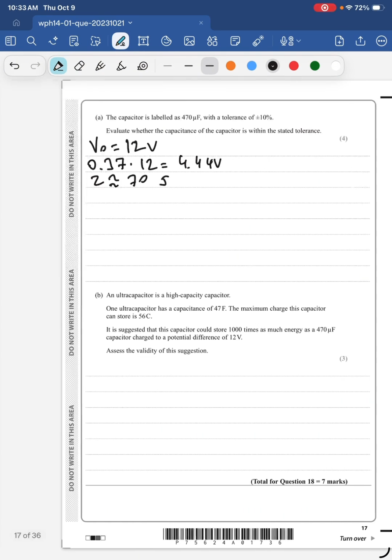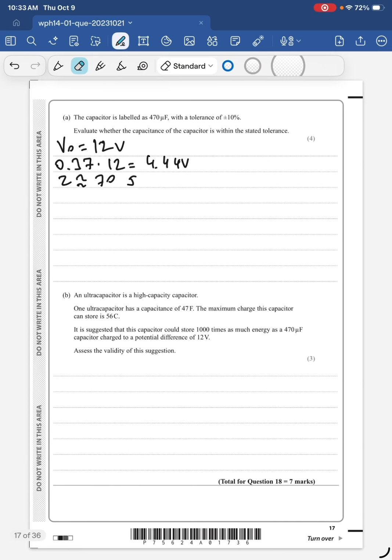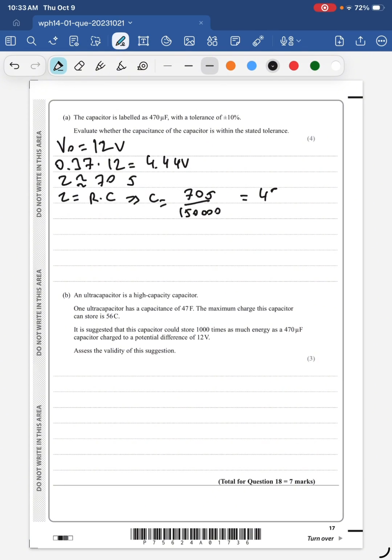Be careful with that, because sometimes they might have it as milliseconds or so. So be careful with that. 70 seconds, but tau is R times C. So C is 70 seconds over 150,000 ohms, which gives you 467.8 microfarads.